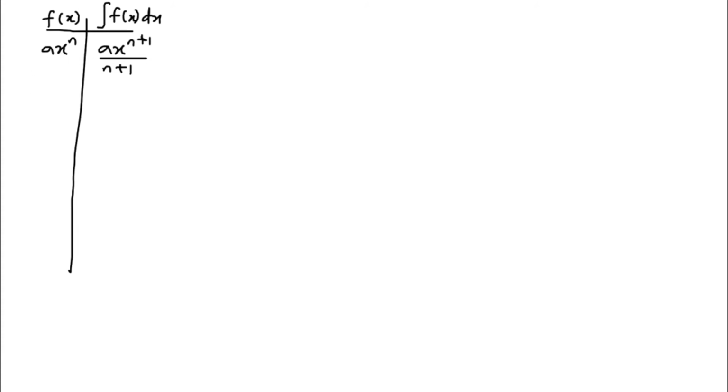An example: the integral of 2x squared with respect to x means I add 1 to the power 2, which gives 2 plus 1, so we have 2x cubed over 3, and anytime we integrate we add plus c to it.